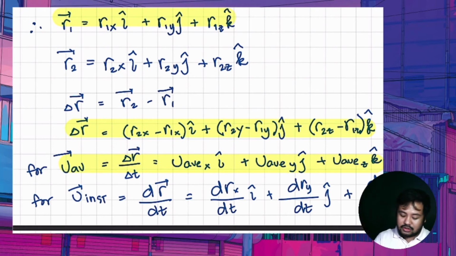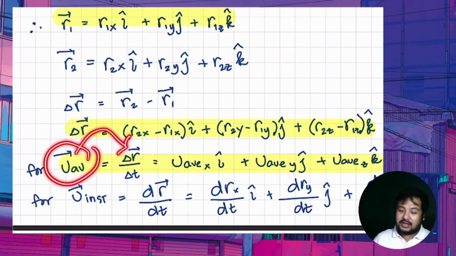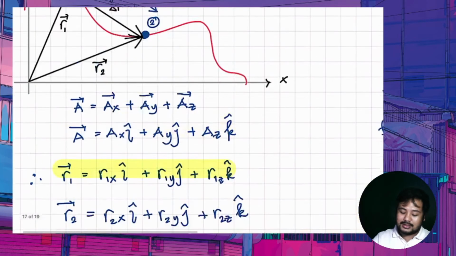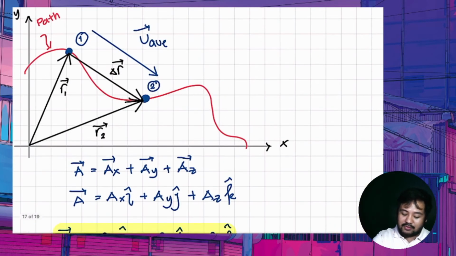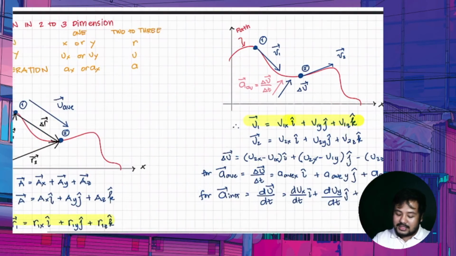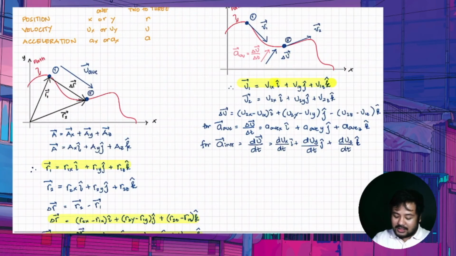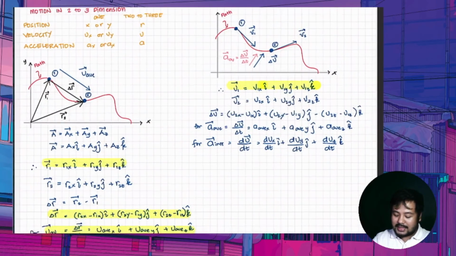So the direction of your v average will follow the direction of delta r. Hence, your delta r is pointing from r1 to r2, or from point 1 to point 2. So your average velocity is also pointing towards the same direction as delta r. Okay, so that's for your average and instantaneous acceleration.